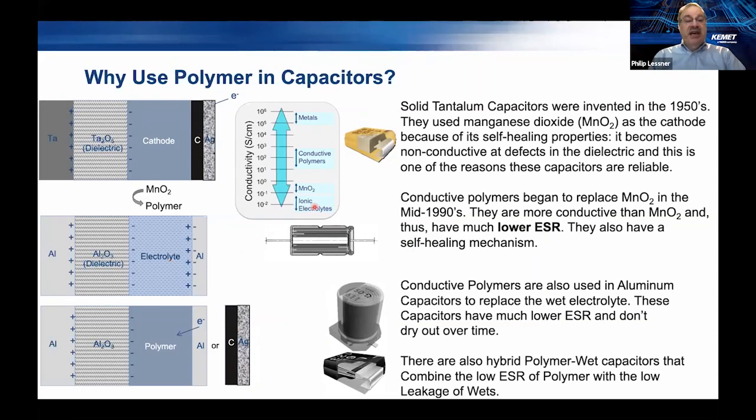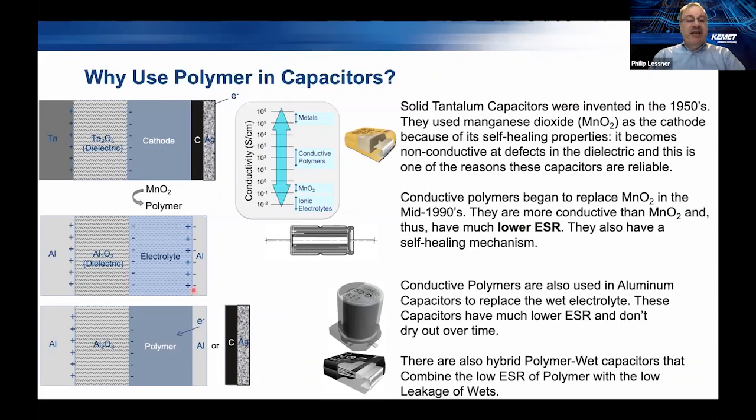Again, ionic electrolytes are actually even a little bit less conductive than MnO2. So the conductive polymers have 2 to 3 orders of magnitude more conductivity than the wet electrolytes that they replace. Also, in the last few years, there have been introduced what are called hybrid aluminum polymer capacitors.